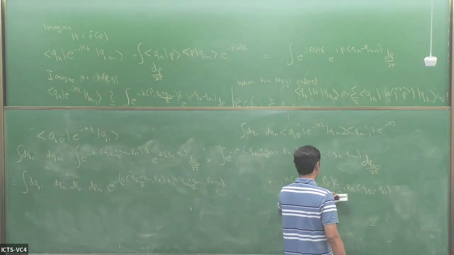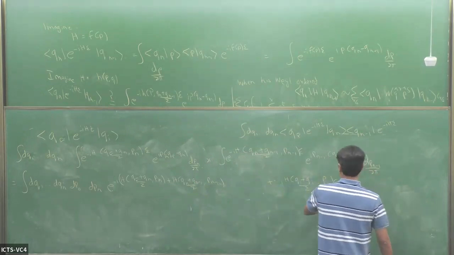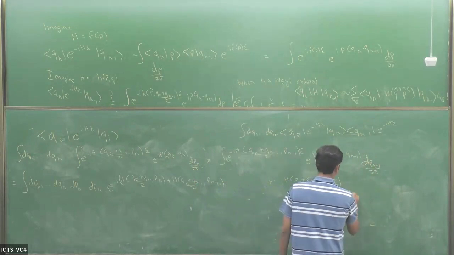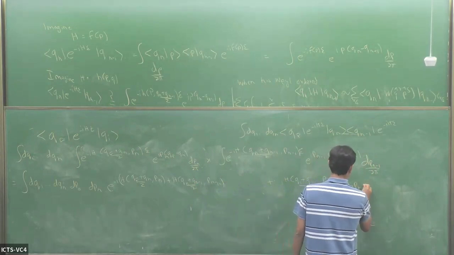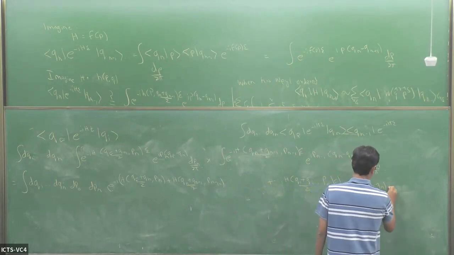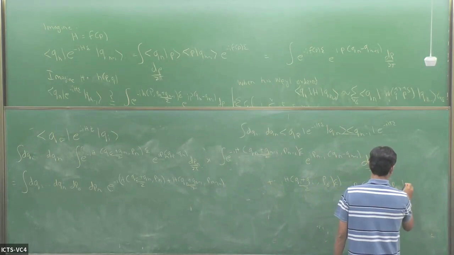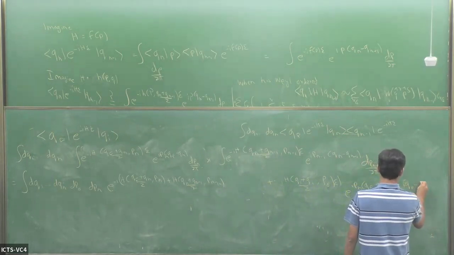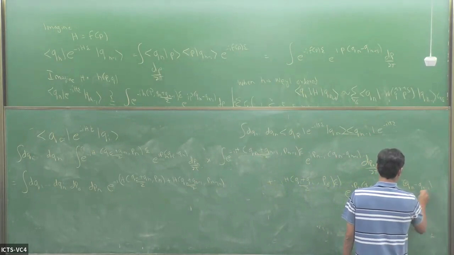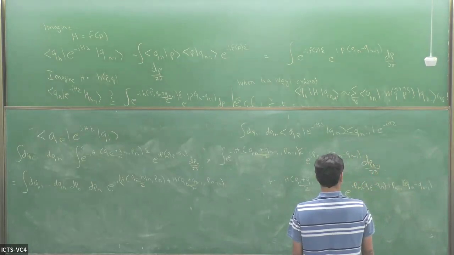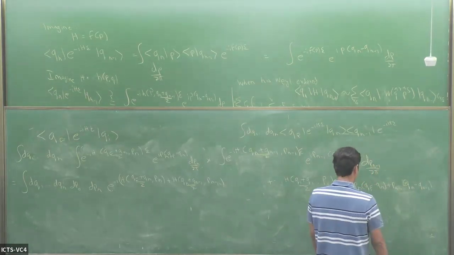And with all of these, I also have an e to the i pn into qf minus qn plus pn minus 1 into qn minus qn minus 1, and so on.